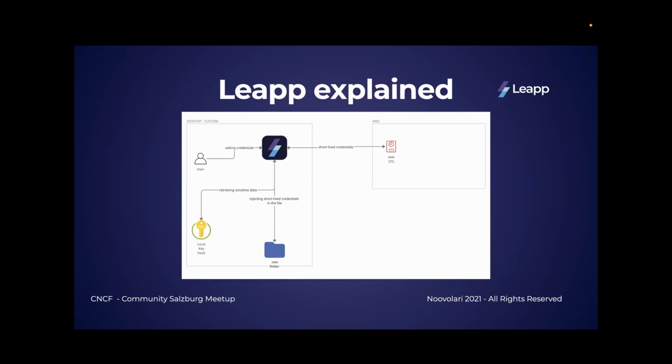In the local key vault, whenever this sensitive data is retrieved, Leap automatically calls the AWS STS service to retrieve a set of short-lived credentials, and then automatically injects those short-lived credentials in the AWS file.